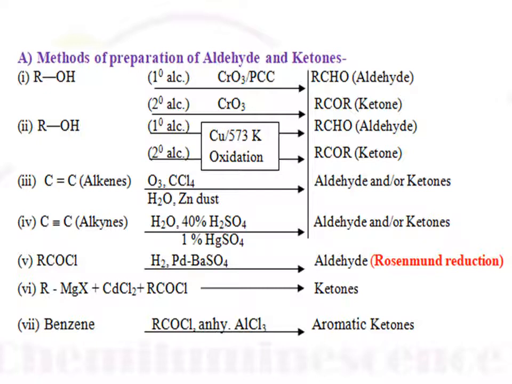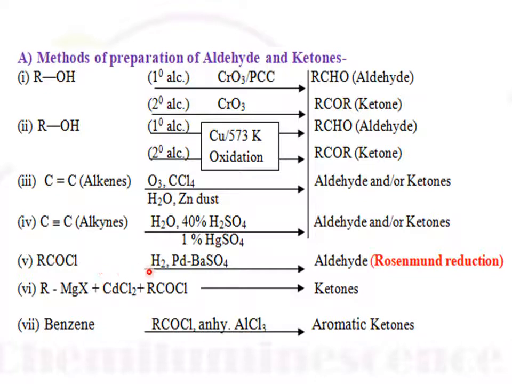Next method of preparation of aldehyde and ketone is from alkyne. Alkyne on hydrolysis in 40% sulfuric acid and 1% mercuric sulfate forms aldehyde or ketone as a product.